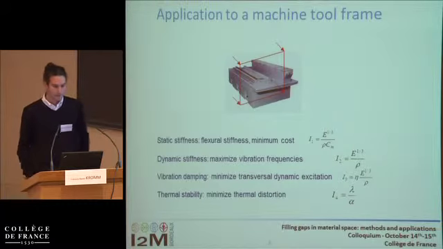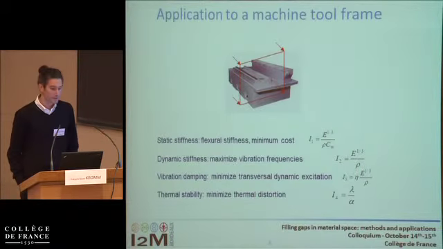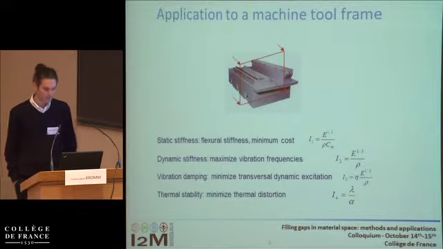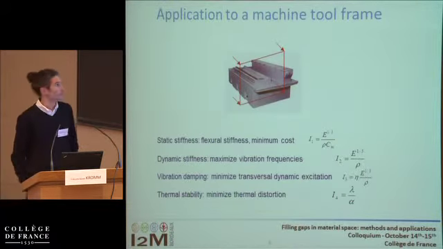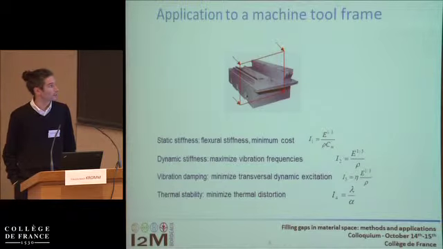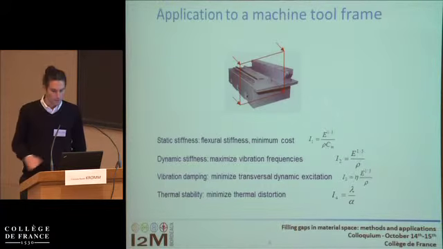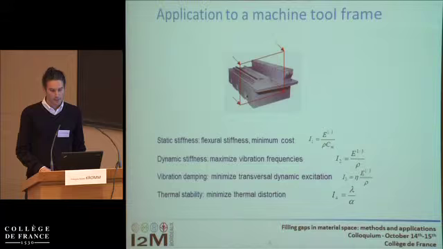This tool has been applied to the case of a machine tool frame, whose set of requirements consists of different points like static or dynamic stiffnesses, vibration damping, or thermal stability. For each case, we can derive a performance index.